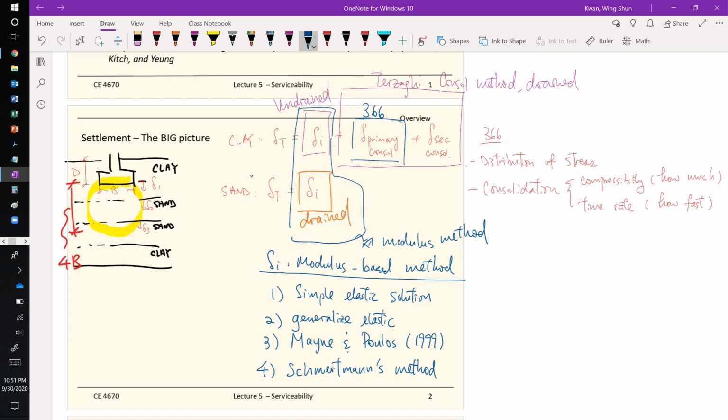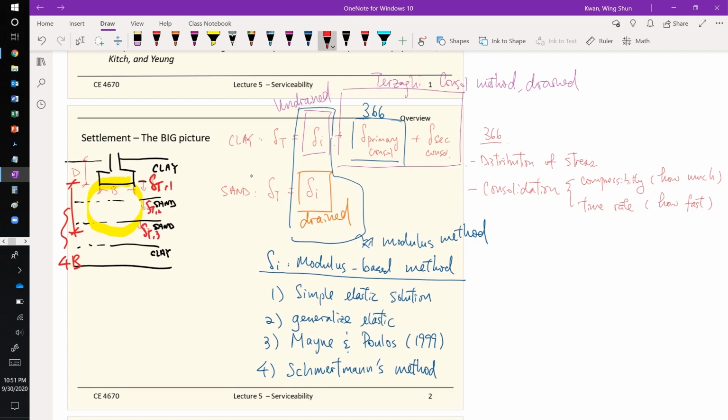We talk about all those, and after each component, you add them up, then you have the total settlement for one layer. So for each soil layer, you need to take care of all three different components: immediate, primary, and secondary. So you can find the total settlement for the first layer, and also for the second layer, as well as the total settlement for the third layer.